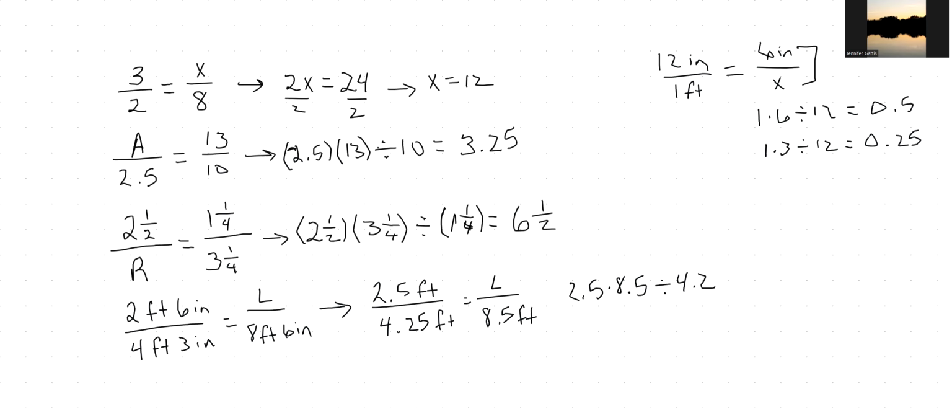And when we put that in our calculator, we get 5. Now, it's important to note that since we changed all of this to feet, our label on this is going to be feet.